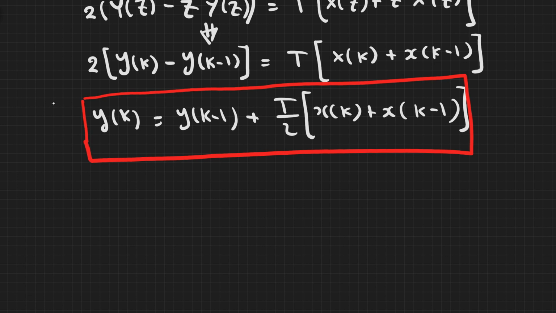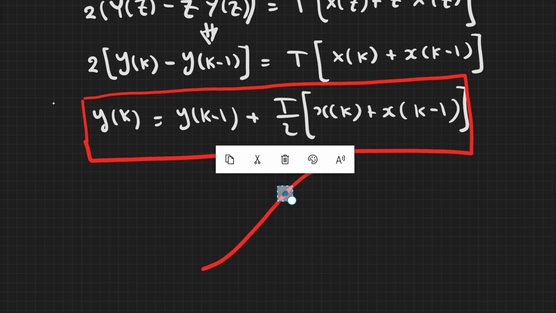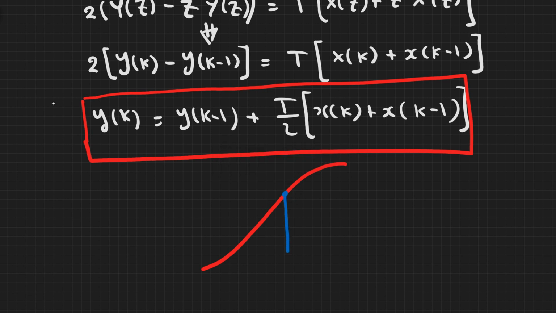Okay, so how can we show that this difference equation is indeed the trapezoidal integration? Well, you can do that quite simply. This is an iterative version of this approximation. So for simplicity or for explanation, we will enlarge the sampling time T like this.